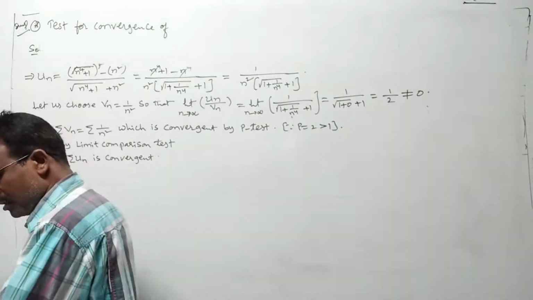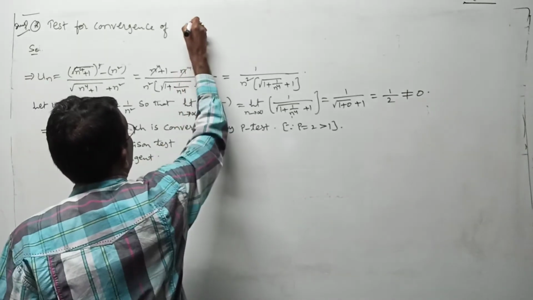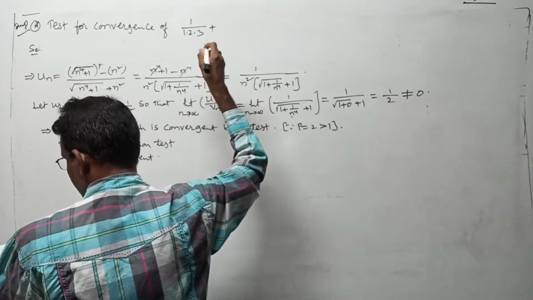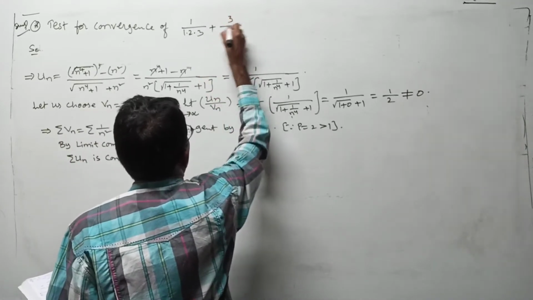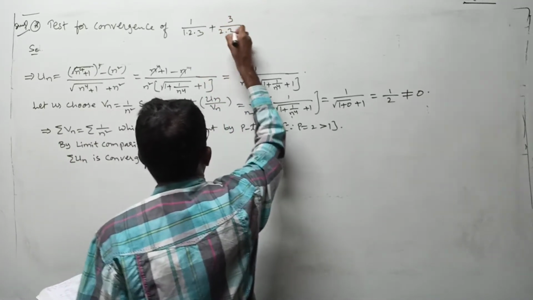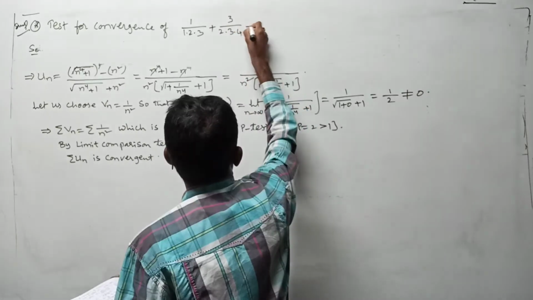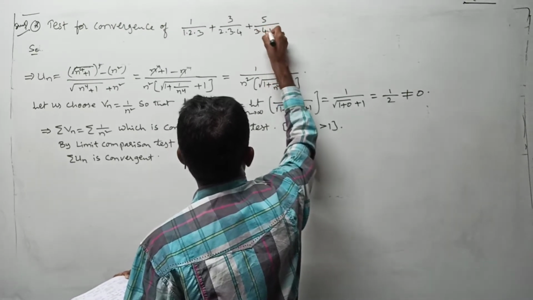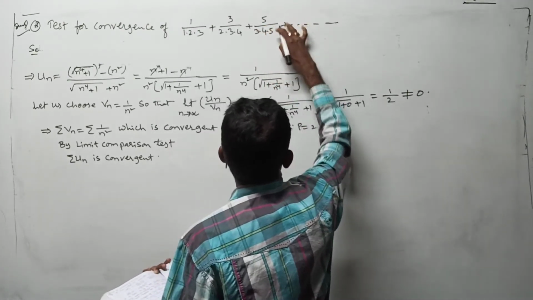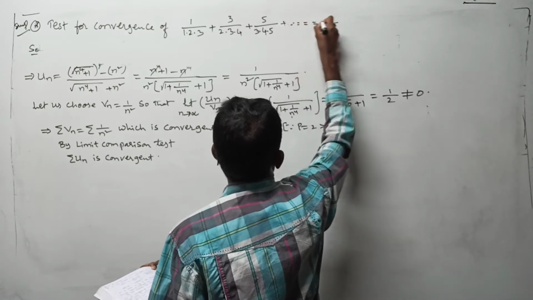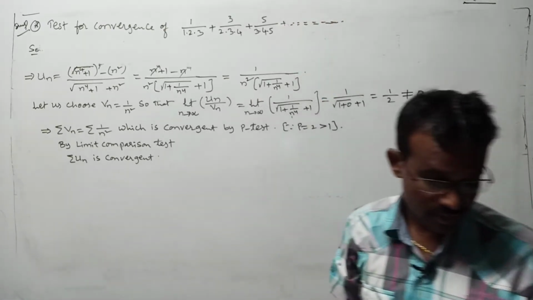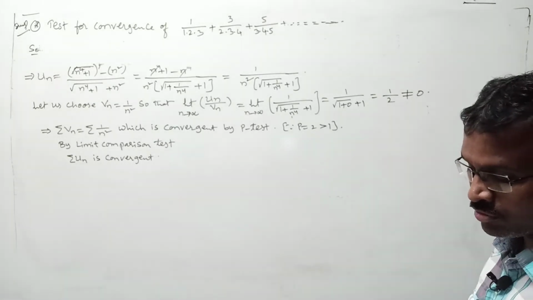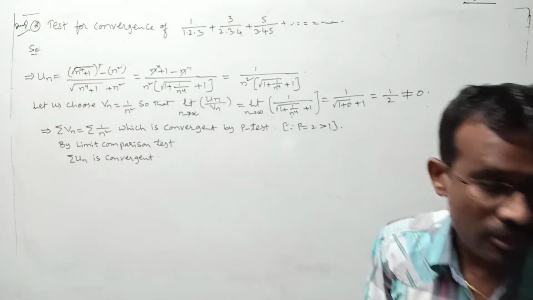Test for convergence of 1 by 1 into 2 into 3, plus 3 by 2 into 3 into 4, plus 5 by 3 into 4 into 5, plus so on.